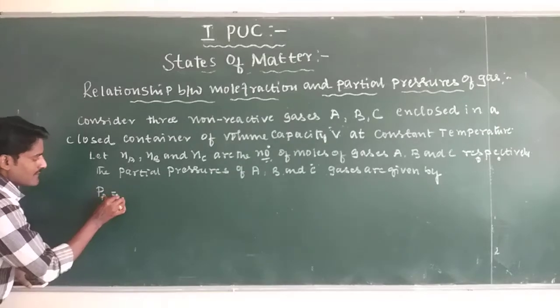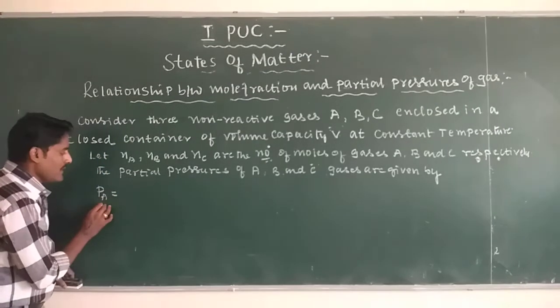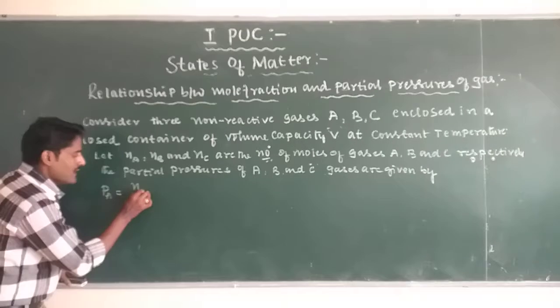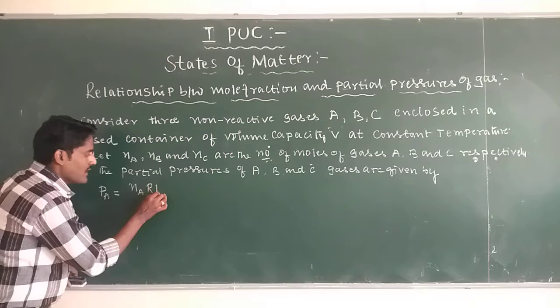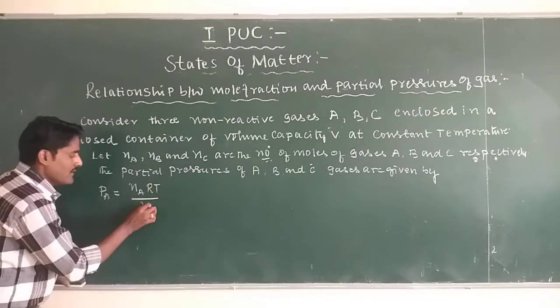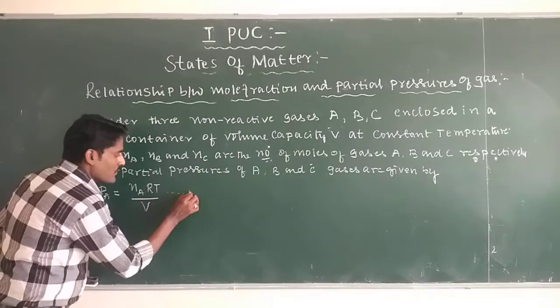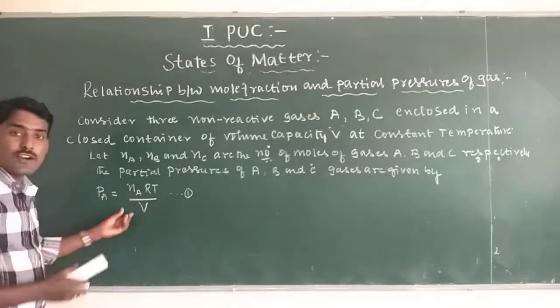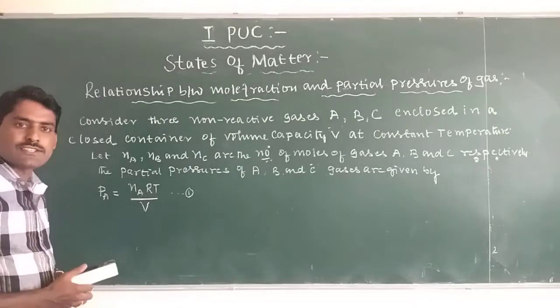Pa is the partial pressure exerted by gas A. Pa is equal to Na, the number of moles of gas A, into RT divided by the constant volume V. Call this equation 1. This is according to PV equals nRT, the ideal gas equation.